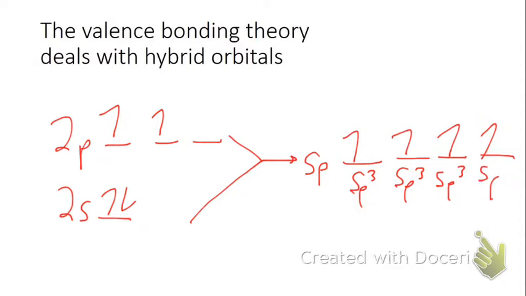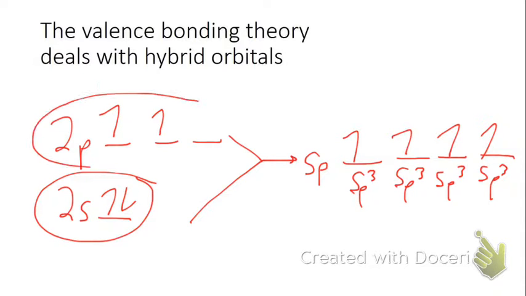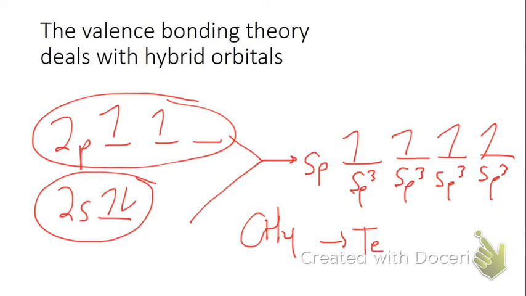So if you ever want to know what type of hybrid orbital we have, look at what you hybridize: 1 s, 3 p. So this is an sp3 hybrid. For CH4, how many things are going to be bonded to it? 4 of them. So sp3 hybrid orbitals lead to a tetrahedral arrangement.